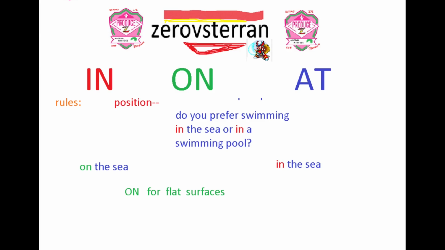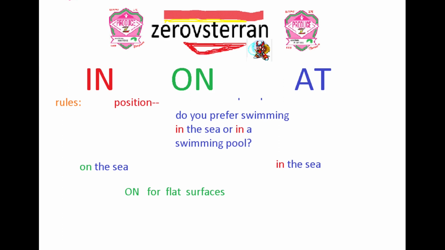So, this is a good example to explain when we use on. The boat is on the sea. We use on when we're talking about flat surfaces, and the position of the thing we are talking about is on that surface. So, the lamp is on the shelf.